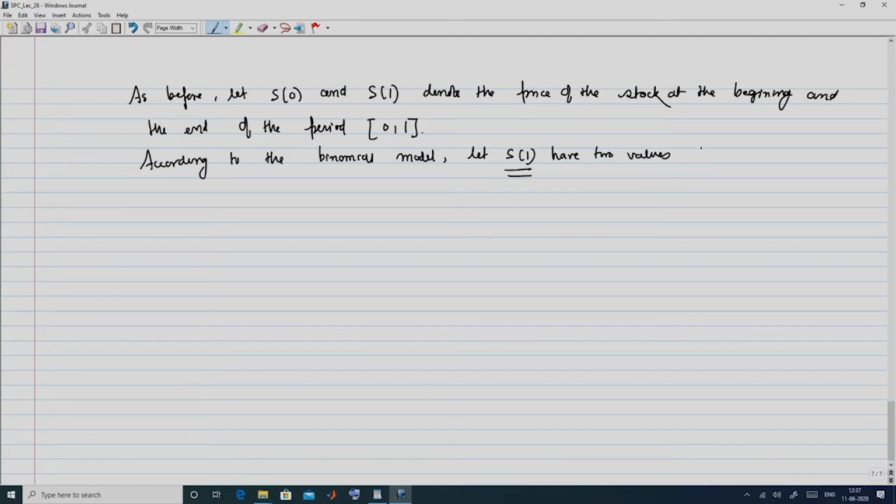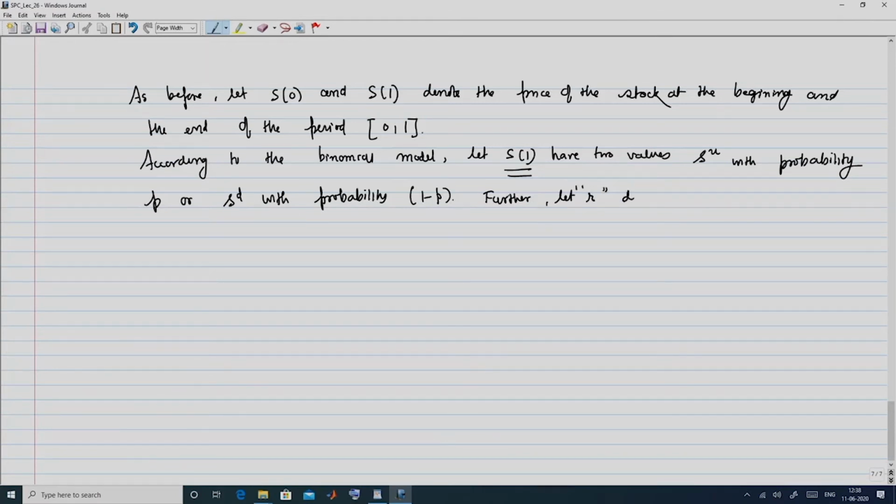So, let those values be S of u with probability P, or S of d with probability 1 minus P. Further, let R denote the single period return.